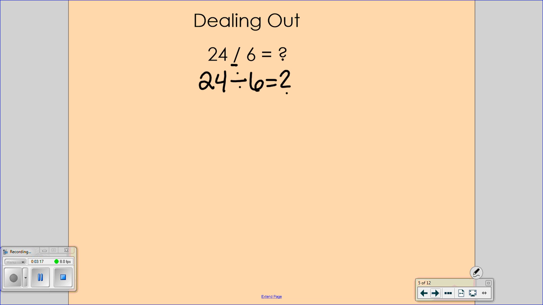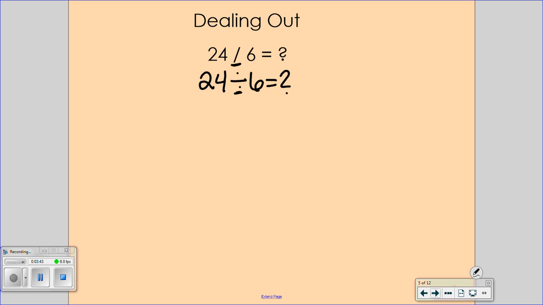That is really the division symbol, but on the computer I don't have a division sign. Gotta make do. Okay? If I am solving this problem using dealing out, McKenna told me I have to draw some circles. How many circles am I going to draw?